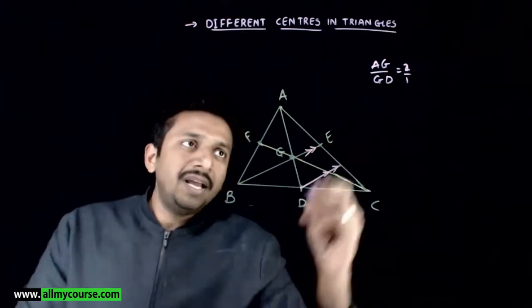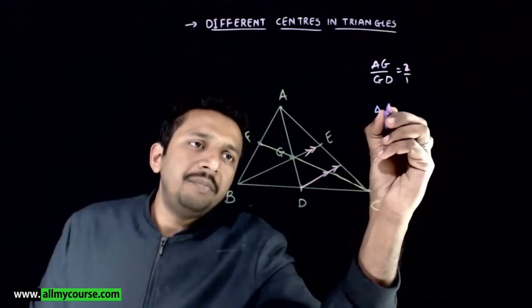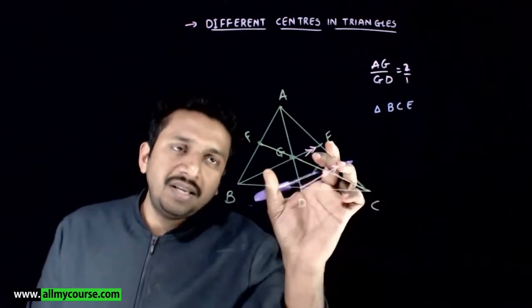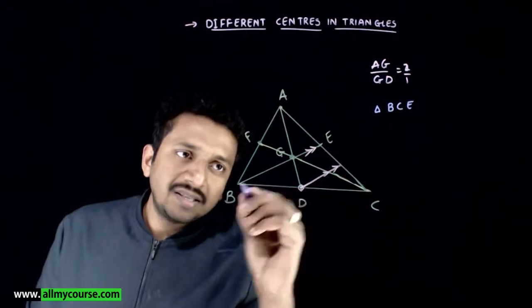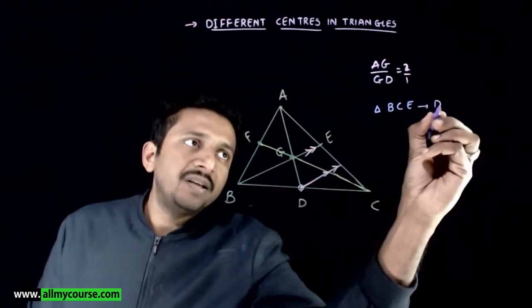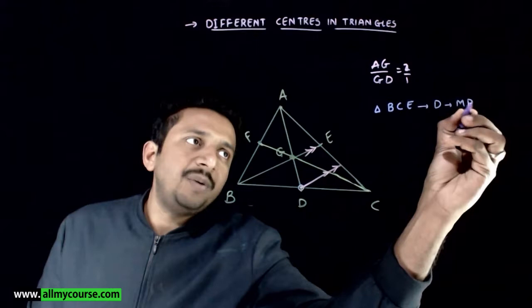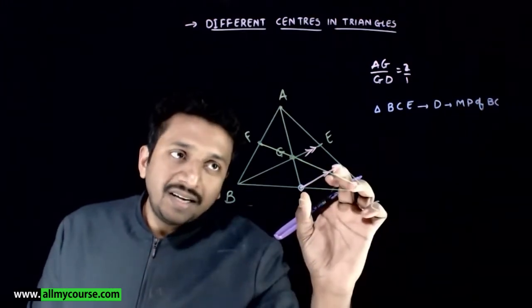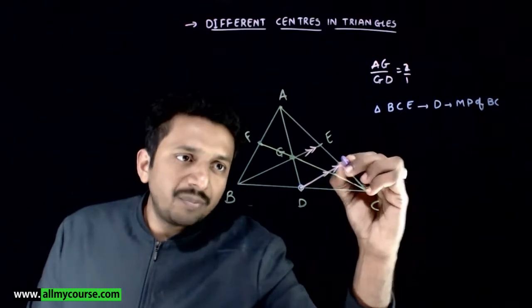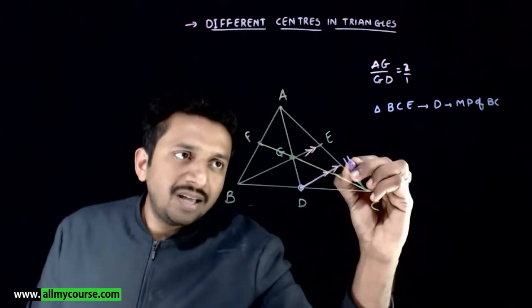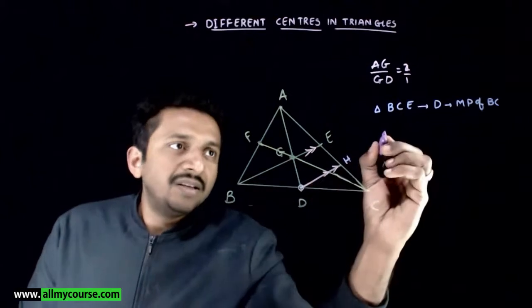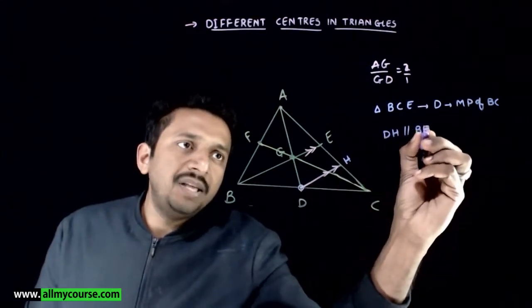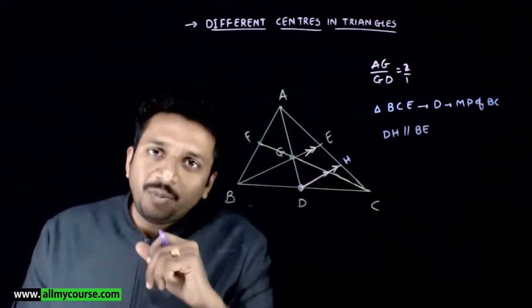So first, in triangle BCE, D is the midpoint of BC, right? And if this point is H, DH is parallel to BE.